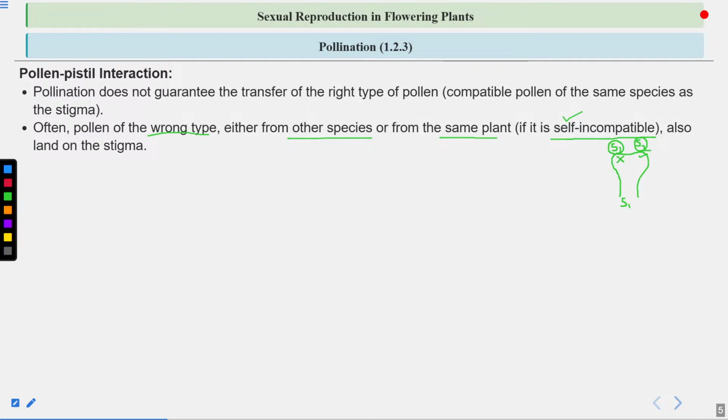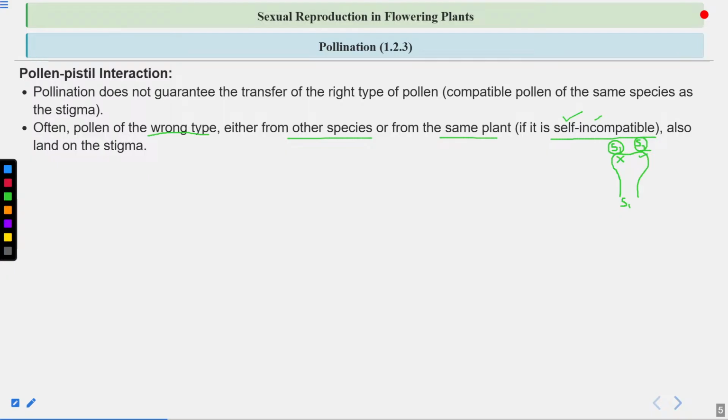Likewise, they could have a number of alleles. If they have S1 in the pollen grain and S1 again in the pistil, then the pistil will not allow the pollen grain to germinate, and this comes under self-incompatibility.